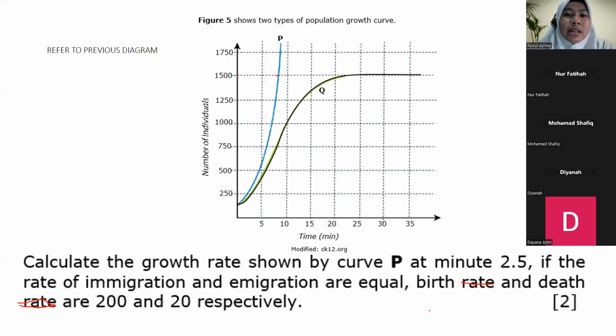Okay. All right. Next, still using the same diagram. Calculate the growth rate shown by curve P at minute 2.5. If the rate of immigration and emigration are equal, and birth and death are 200 and 20 respectively.